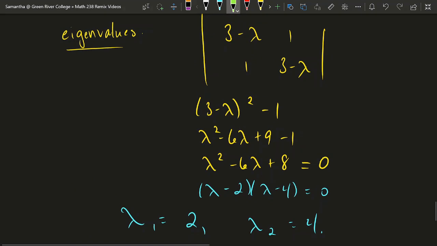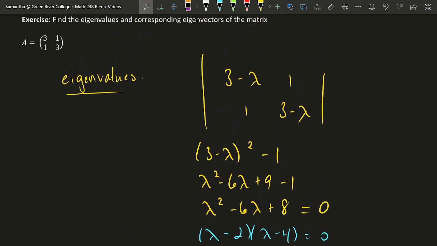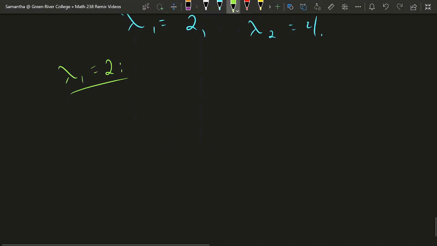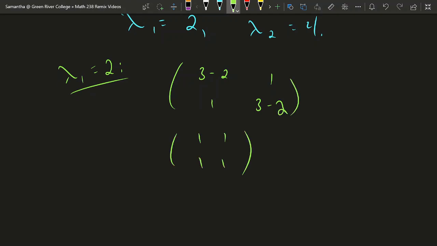When lambda is equal to 2, and I subtract 2 from the entries on the diagonal, then 3 minus lambda becomes 3 minus 2, becomes 1. I then look for a vector v1, v2, which, when multiplied by this matrix, gives me 0, 0.